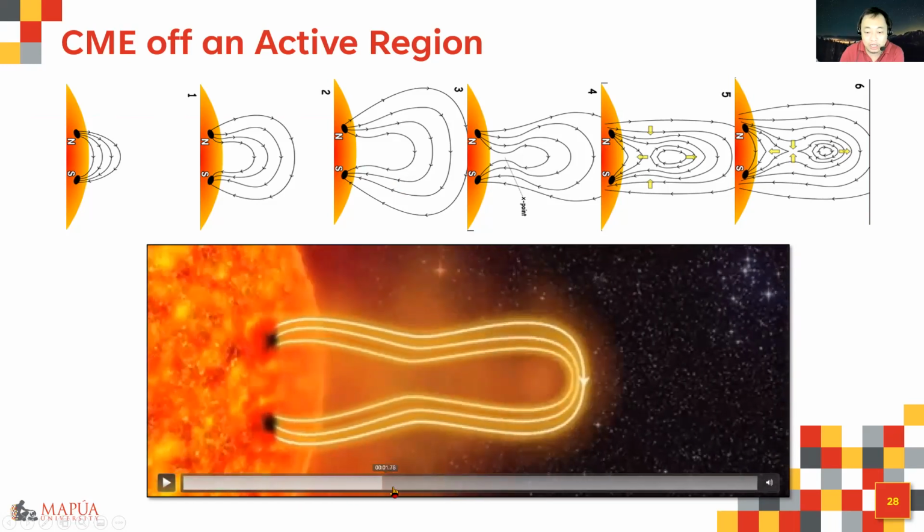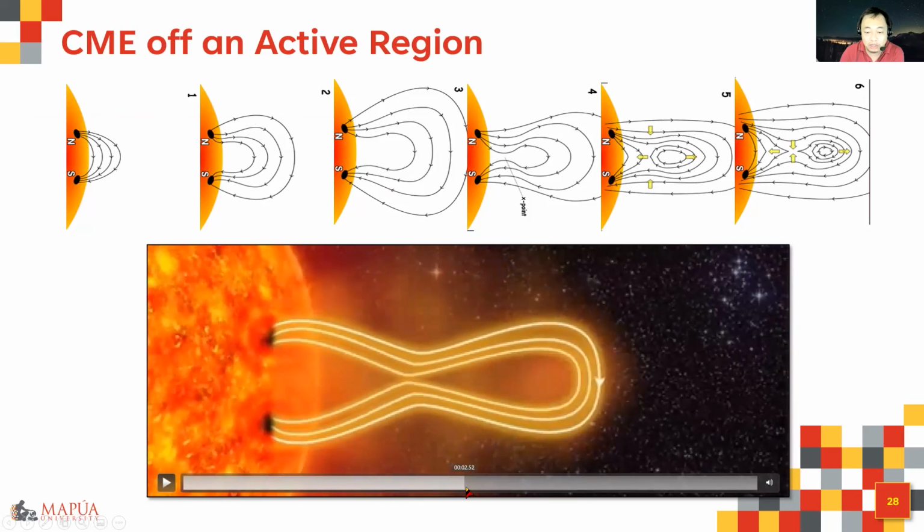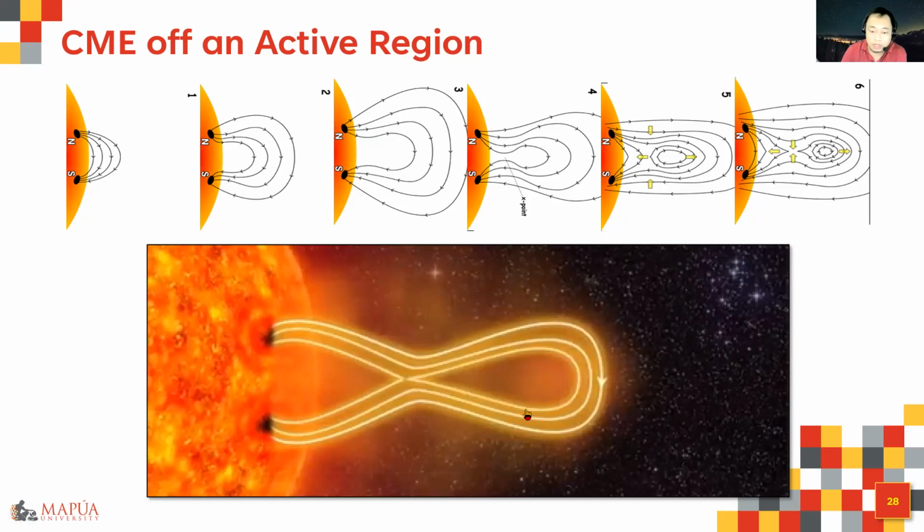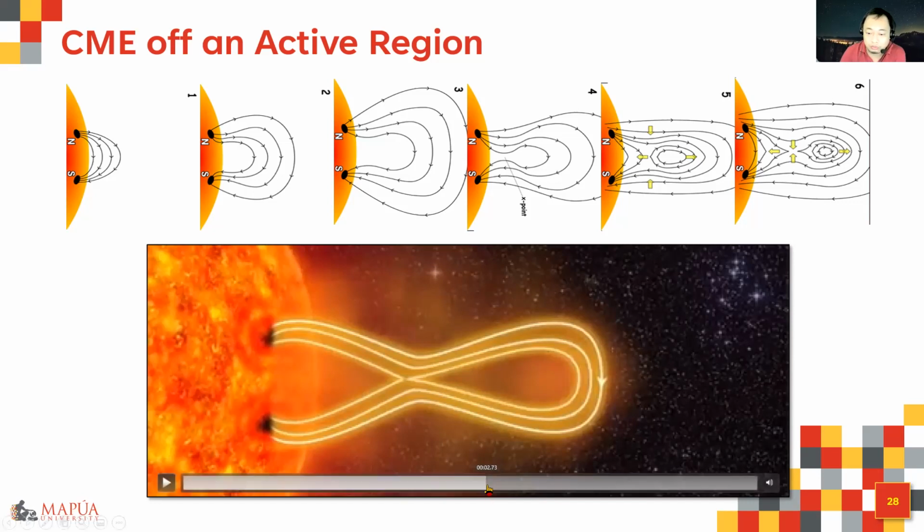Once that magnetic reconnection happens, the energy produced during the magnetic reconnection will be one of the responsible forces, so to speak, in the ejection of this solar material. The solar material is trapped within this magnetic field line, which has been discussed using the frozen-in theorem that we discussed a few weeks ago.